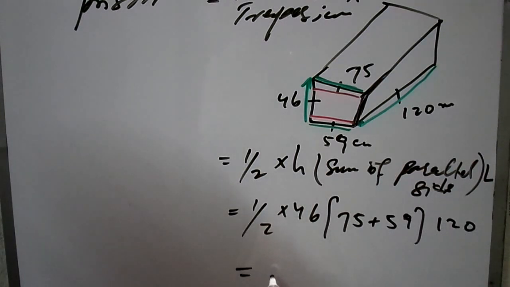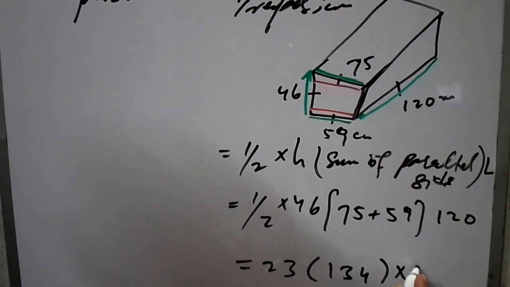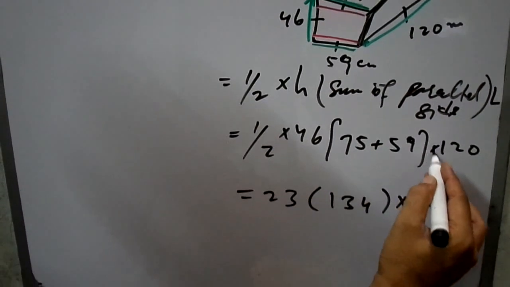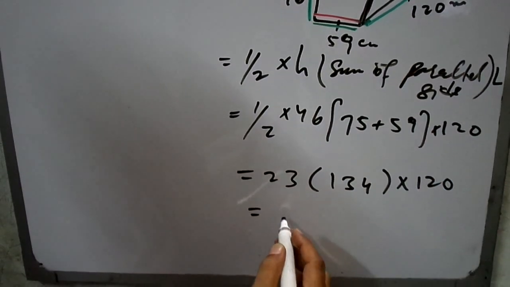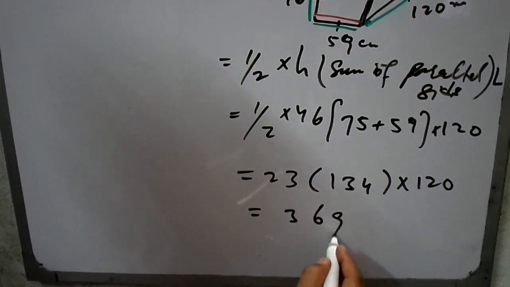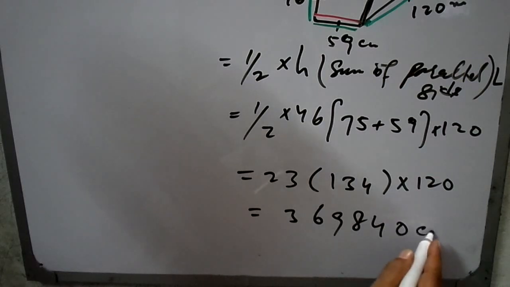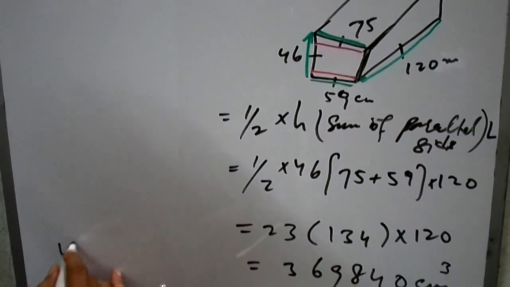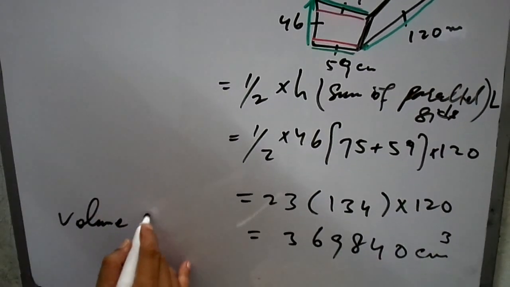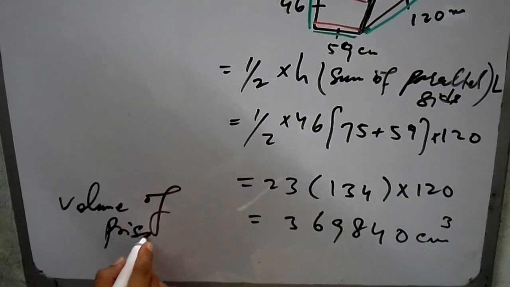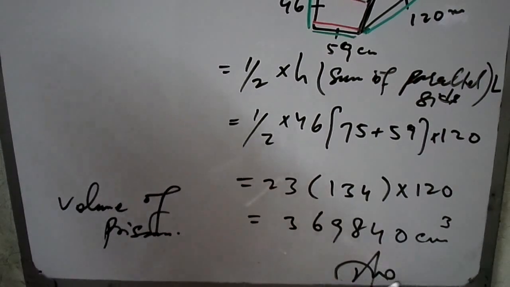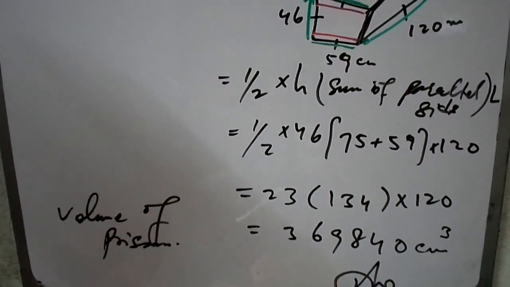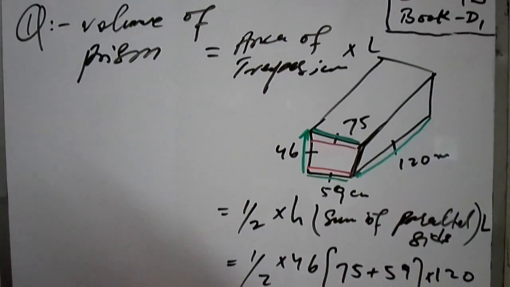After simplification you will get 134 multiplied by 120, so you will get the result 369,840 centimeter cube. That is the volume of prism, that is the right prism. That is your answer.